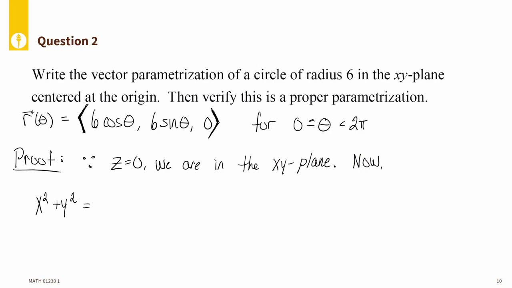x squared plus y squared. All right, replace x with 6 cosine of theta, replace y with 6 sine of theta.